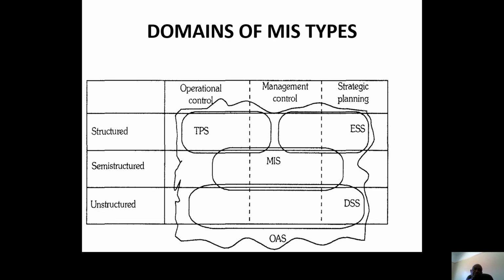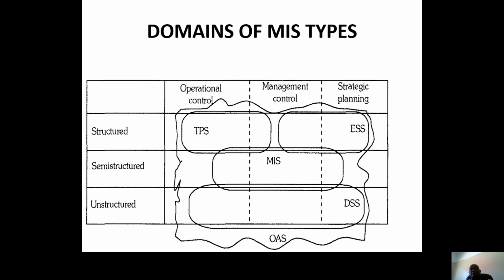Transaction Processing System, TPS. MIS stands right in the middle. Then we say management control. That's middle management. But look at where it gets its data. It gets its data from the TPS. All right.